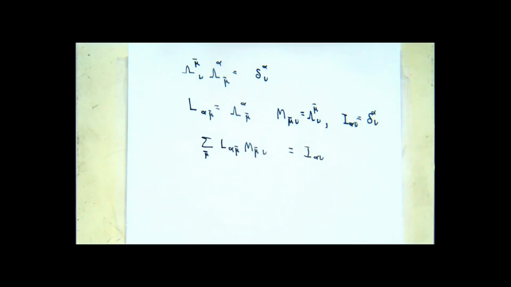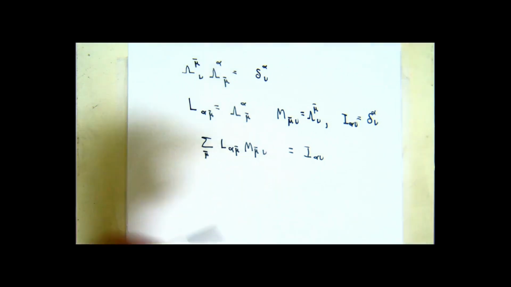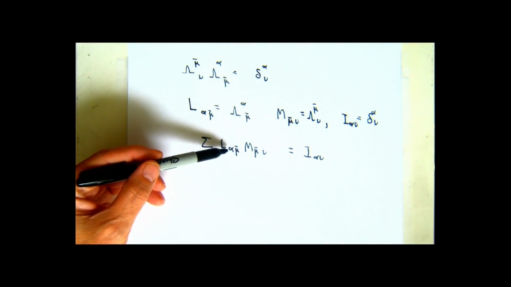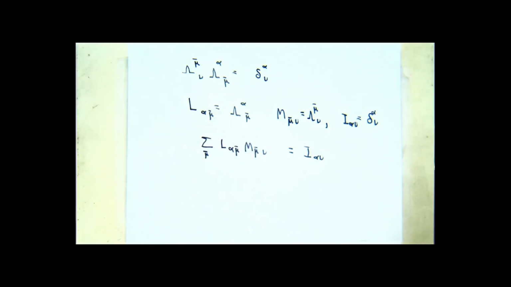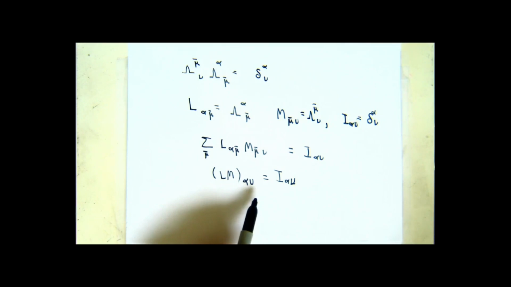If I become literal-minded and put the sum back in, then I'm going across row alpha of L and down column nu of M, multiplying corresponding things and adding them up. But that's the definition of how you multiply matrix L by matrix M. Component number alpha nu of LM and component number alpha nu of I are the same number.